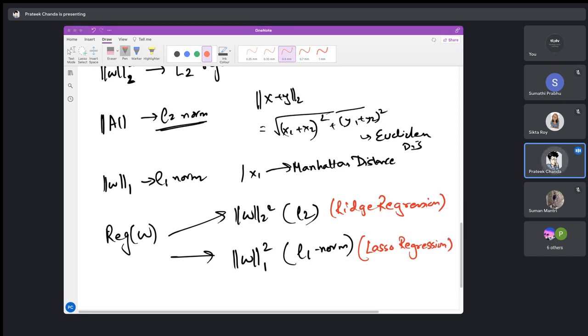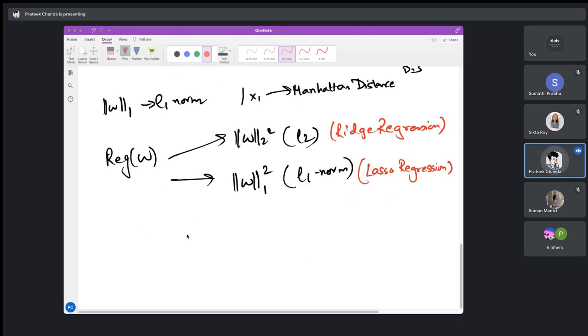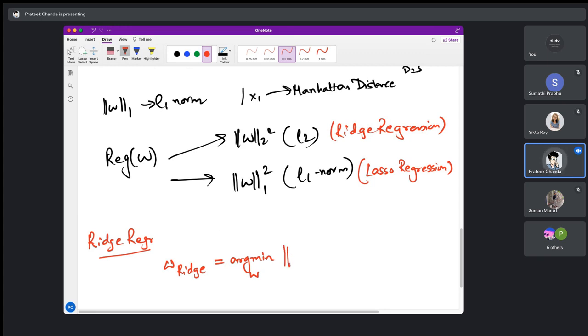So what do we mean here? My objective function now for ridge regression, if I denote it by W ridge, is argmin over W. Remember, I'm now using matrix notation.